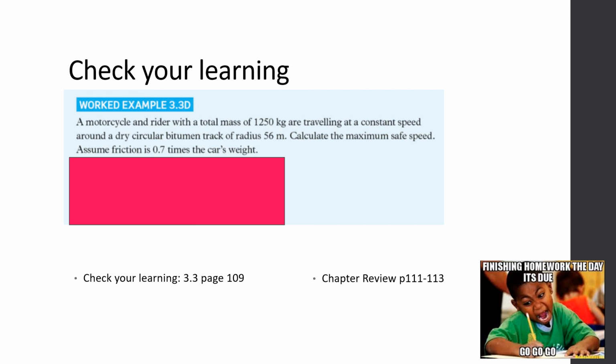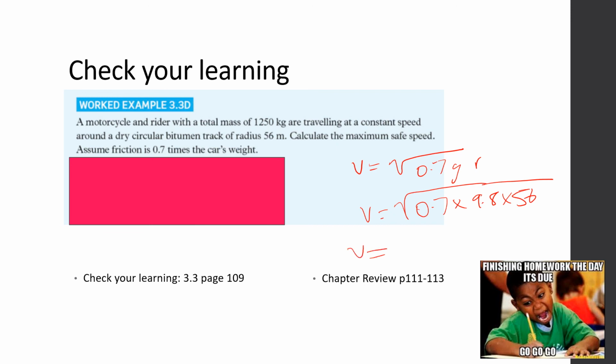So if we remember from the past slide, v equals the square root of 0.7 g R. So we plug in the values we've got here. v equals the square root of 0.7 times 9.8 times 56 equals 19.6 metres per second.